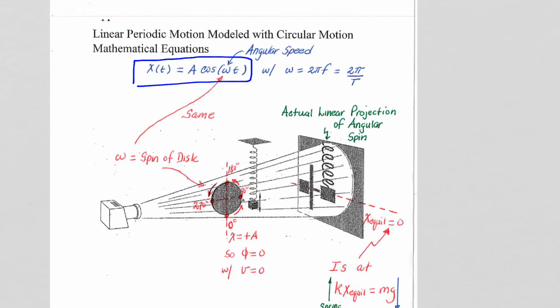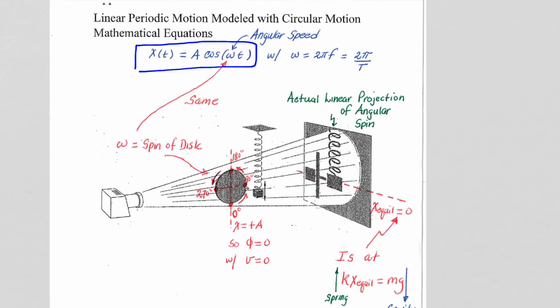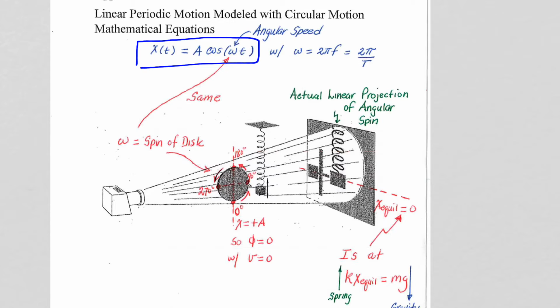But in terms of understanding how this angular speed omega gets introduced into a system that is 100% linear, there's no angular motion to the block on the end of a spring oscillating back and forth on a horizontal linear plane. Well, when we say that the angular motion maps onto this linear motion, we mean it in a very literal sense.